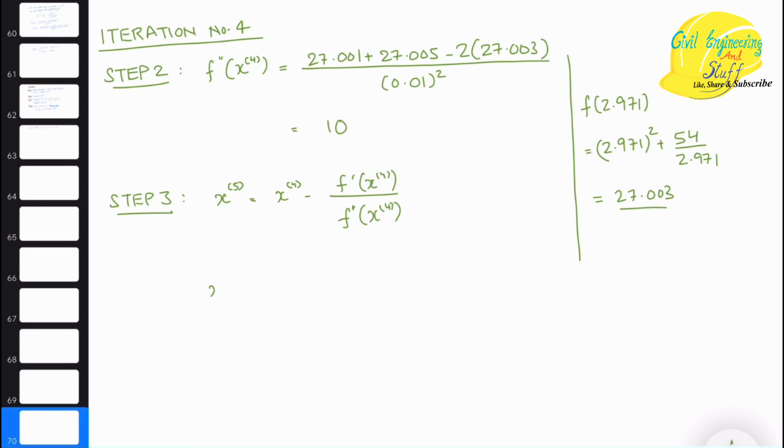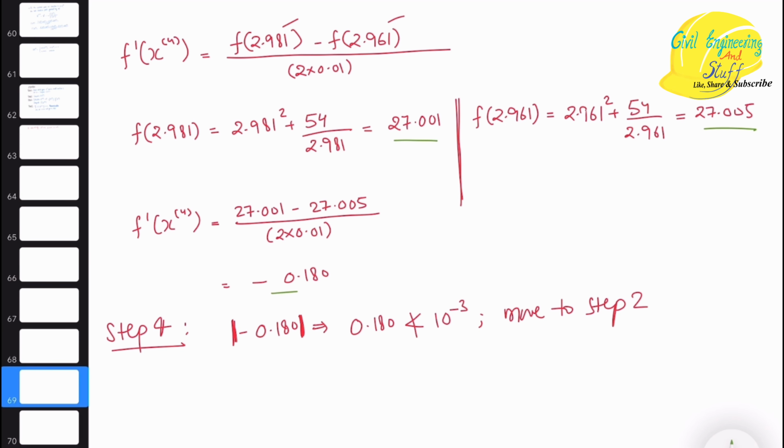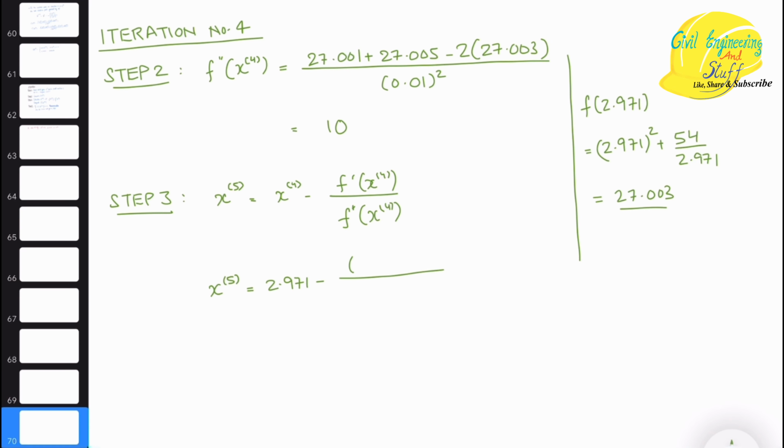So the new point x5 will be 2.971 minus minus 0.180 divided by 10. So the value will be 2.989.